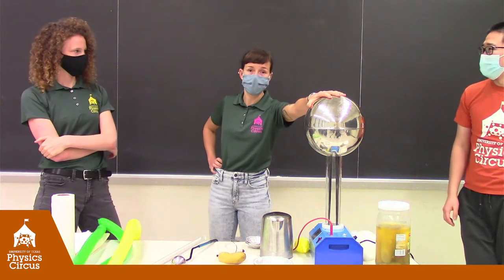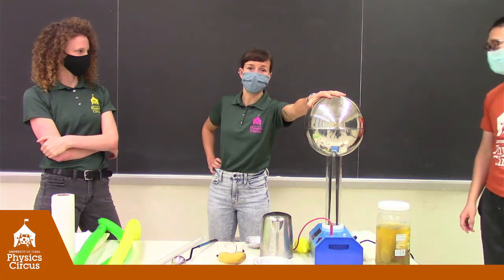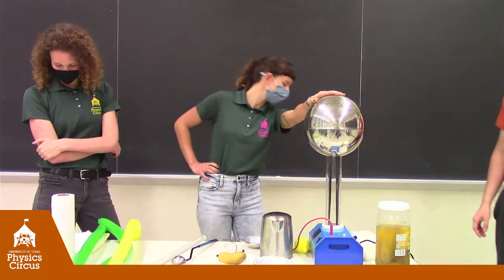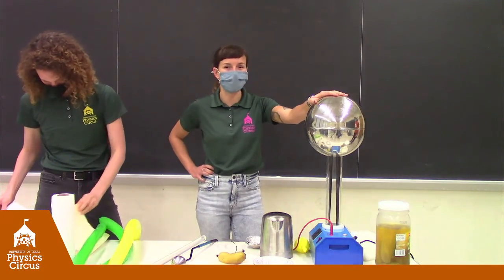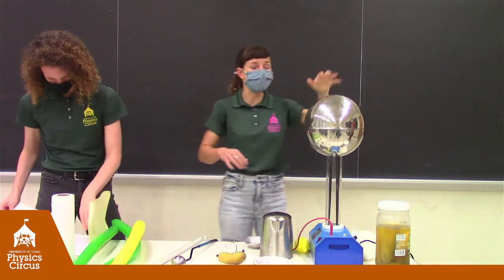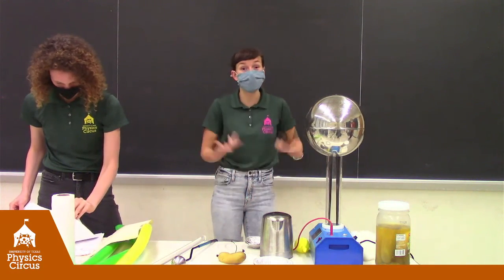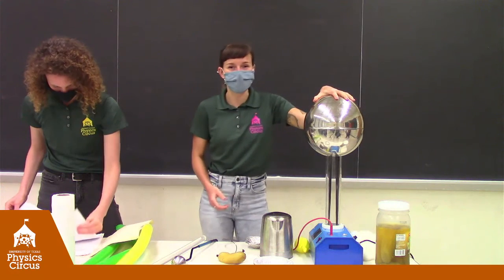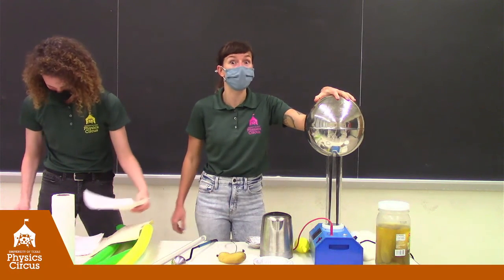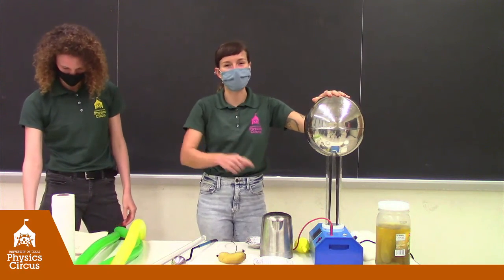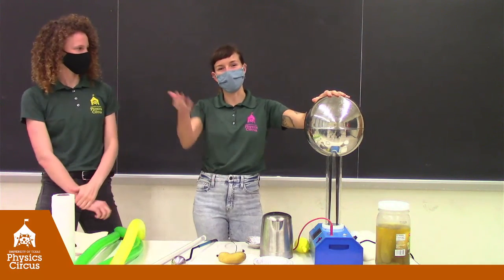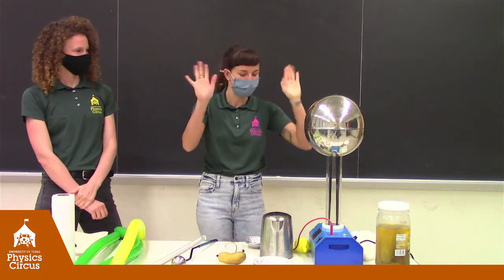I'm not going to do it today because I don't feel like accidentally hurting myself. But some of my friends with short hair can stand on a crate, isolate themselves from the ground, touch the ball and put themselves at 10,000 volts, and their hair sticks out. The tricky part is getting back on the ground, because you have to jump from 10,000 to 0.